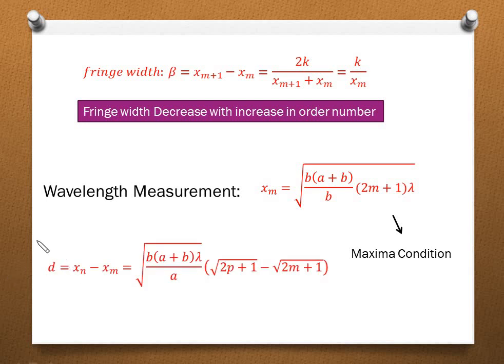If d is the distance between the nth order maxima and mth order maxima, and you substitute in this formula, you can experimentally measure d, you can count for m, and you can count for n. If you substitute in this formula, you can easily solve for lambda because the other quantities are known.